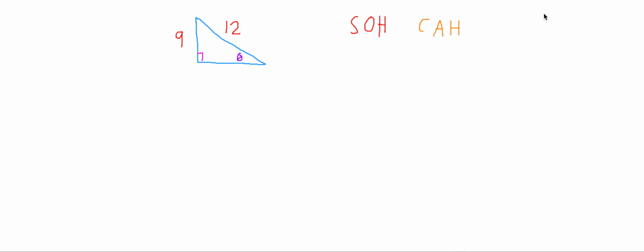And then you have TOA, which is tangent, opposite over adjacent.